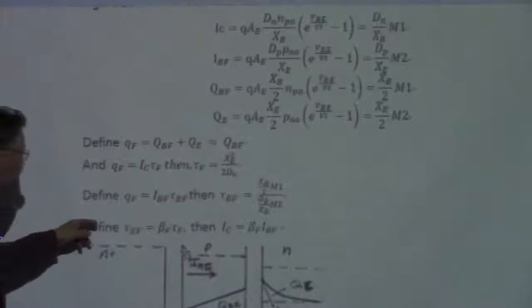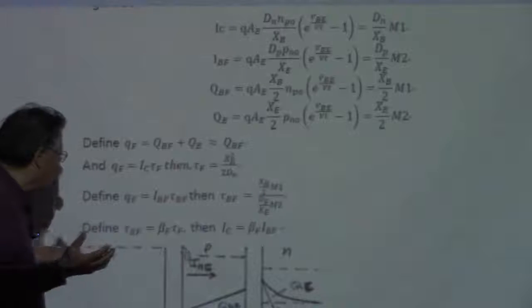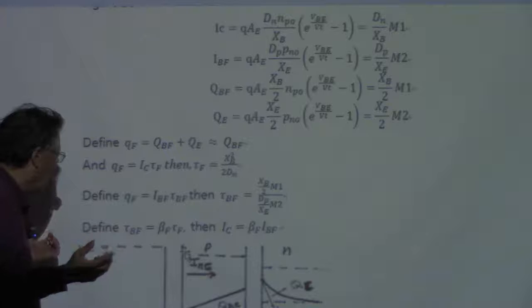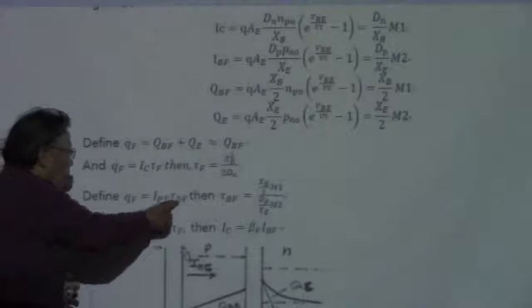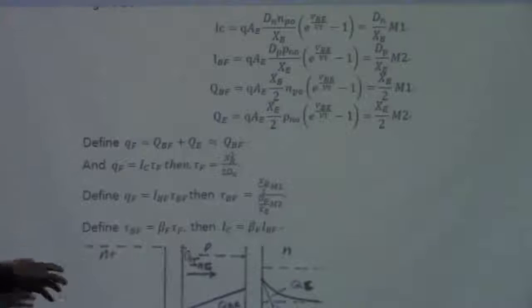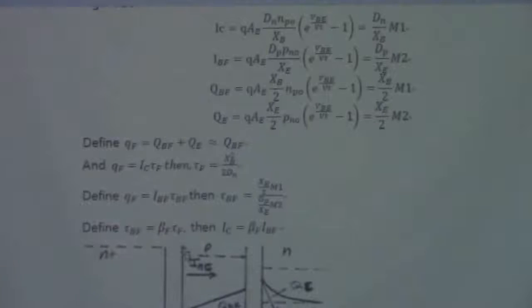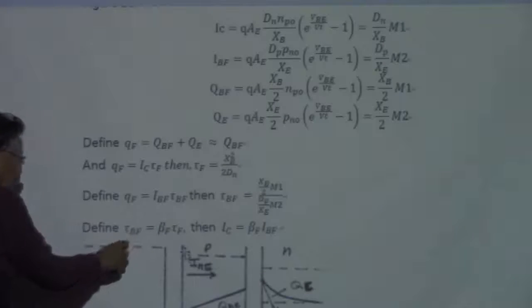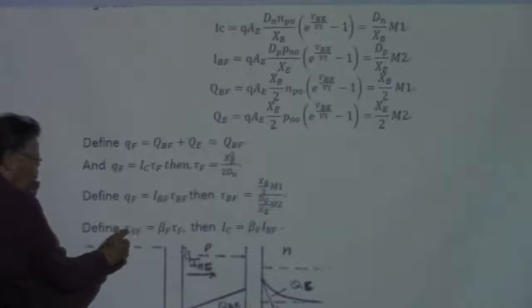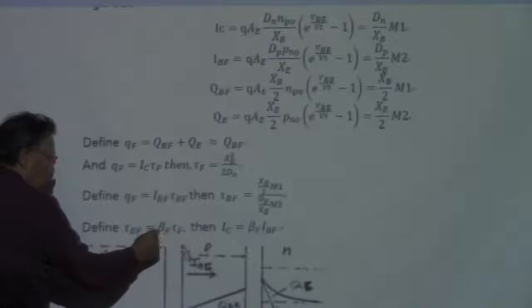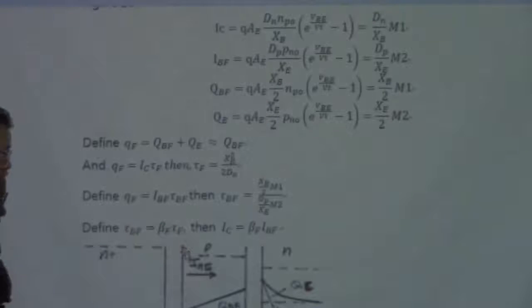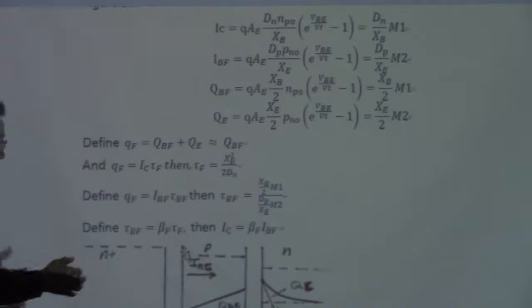Okay? Then all we have to know is we have to find out what is the tau F and what is the tau BF, what is the relation between those two. And we define now tau BF, tau F is related with the gain, beta, the beta we know.